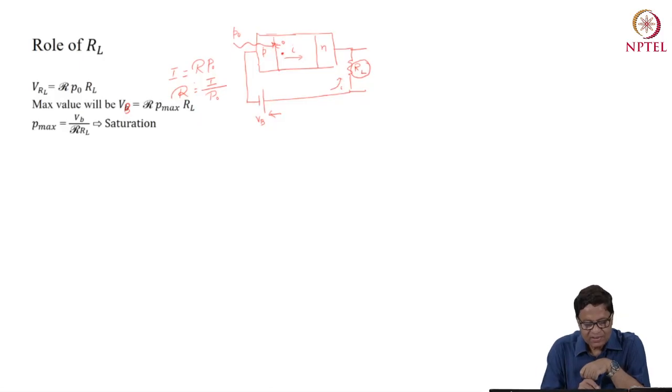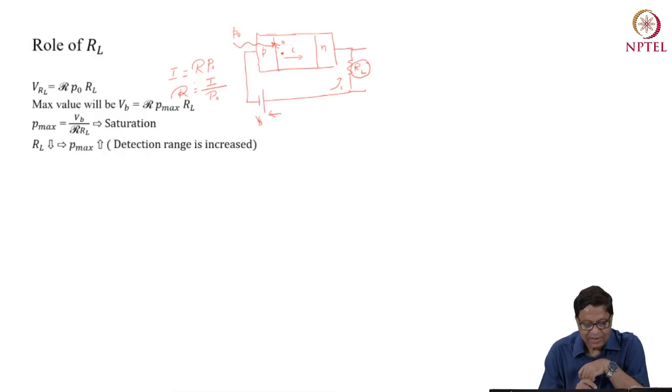So P max of a photodiode tells you the range in which the photodiode will respond in terms of power. P max will be VB divided by responsivity into RL.